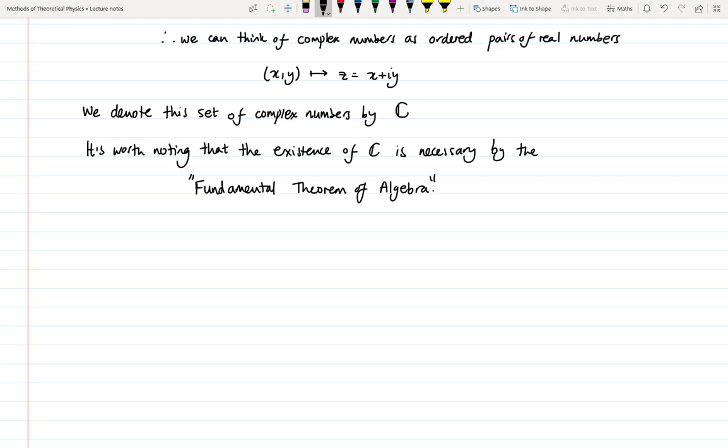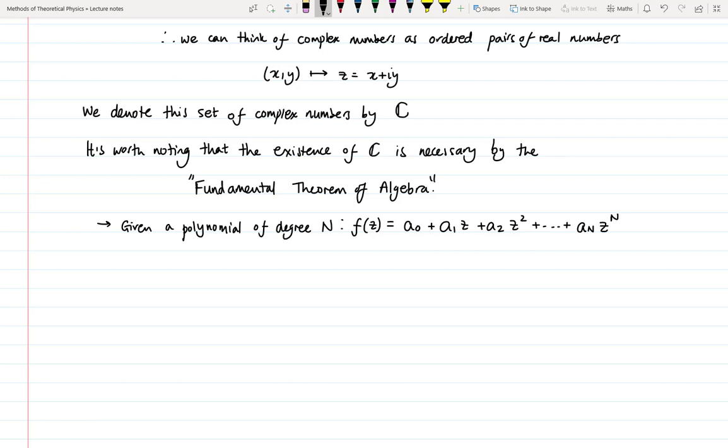This fundamental theorem states, given a polynomial of degree n, so this means some function of, in this case, our variable z, which can be written as a constant plus a term in z plus a term in z squared, all the way up to the highest power, which is n.